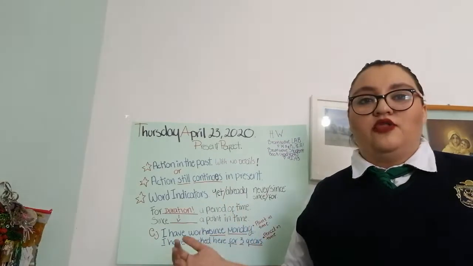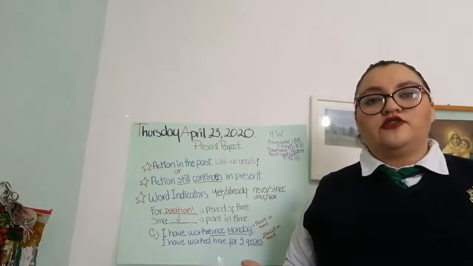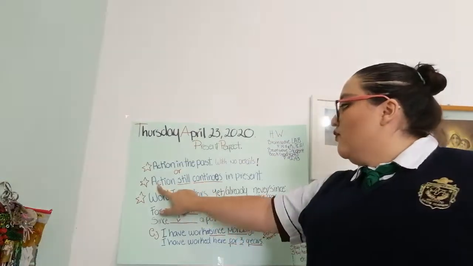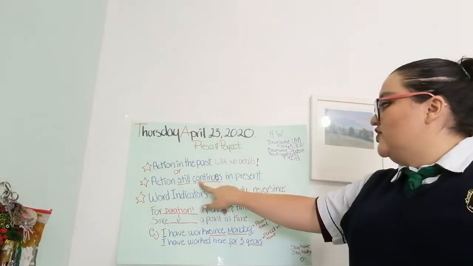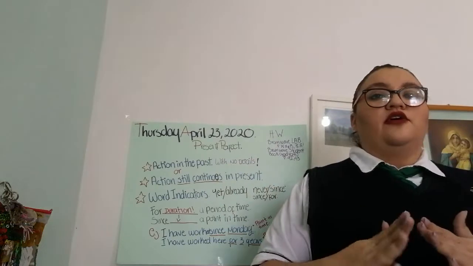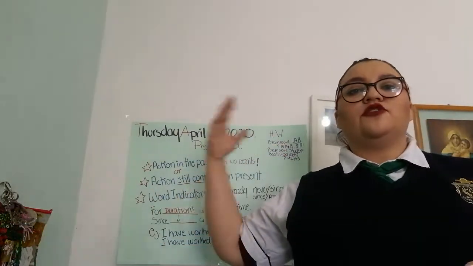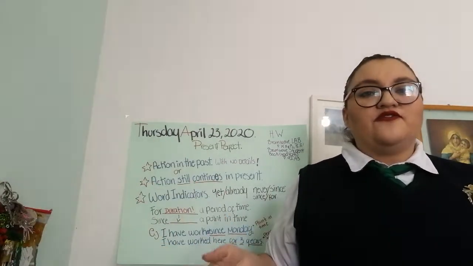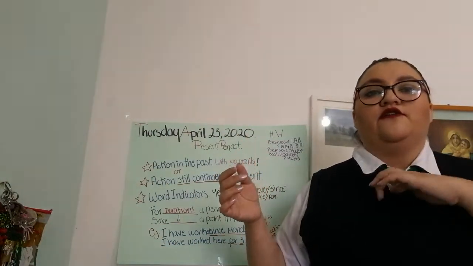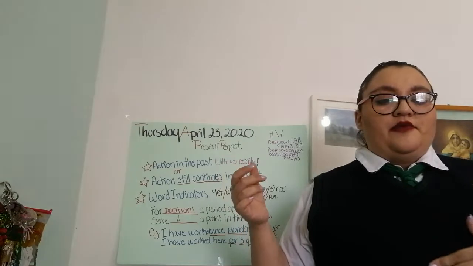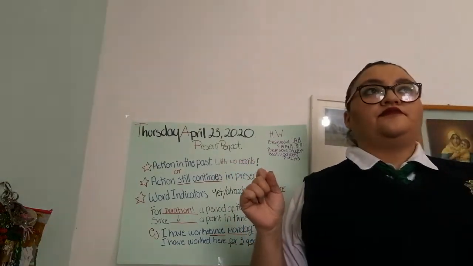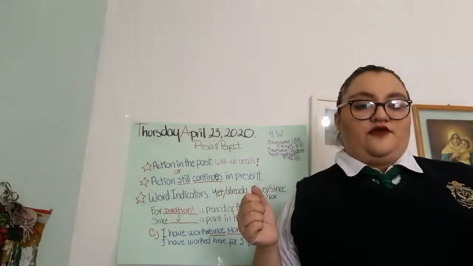Now, I also use present perfect with actions that still continue in the present. So, it's an action that started in the past, it's already underway, it hasn't finished, it's still going on. For example, I've seen that film before.